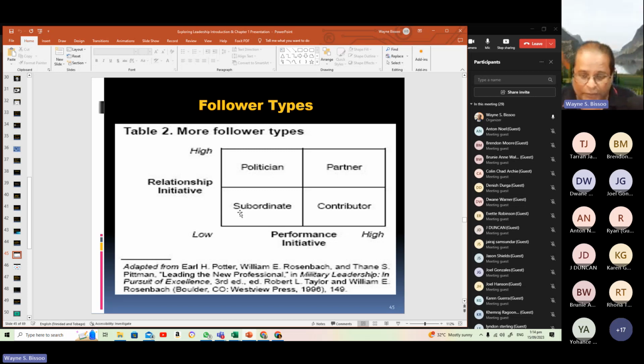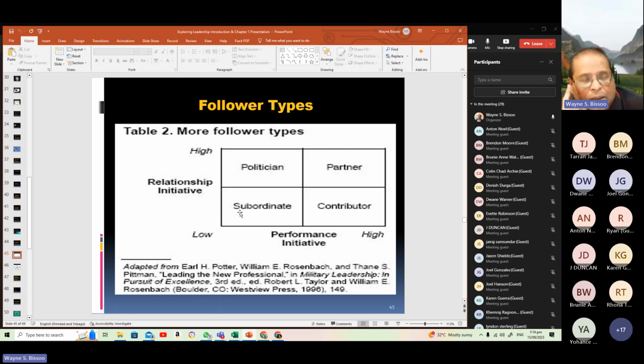Now, the problem with partners is that partners can challenge leaders. And in fact, leaders need to pay attention to partners. Why?